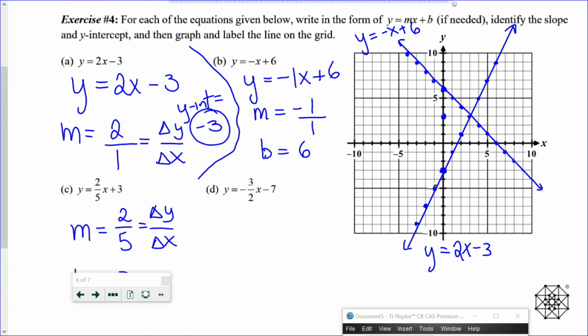Here's my y-intercept. I'm going to go to the right 5 units and up 2, right 5 and up 2. I can reverse that and go down 2 and to the left 5, and down 2 and to the left 5. And that's going to be my line there. That's going to be y equals 2/5 x plus 3.